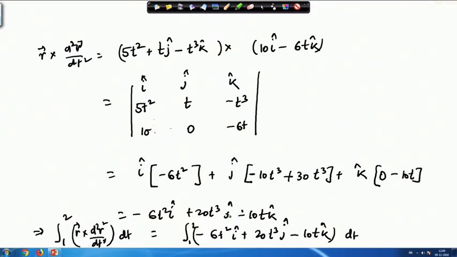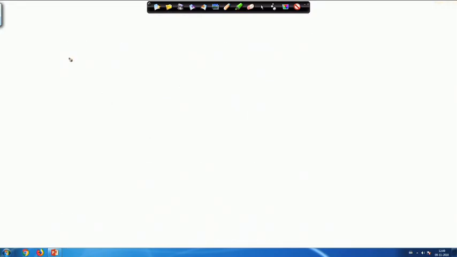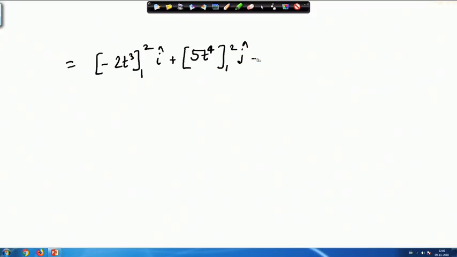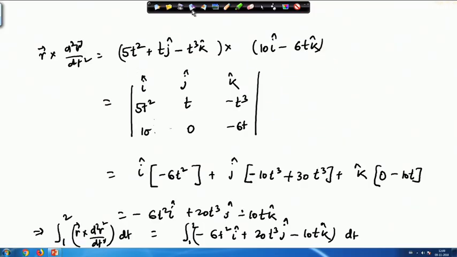If we do the integration, we obtain minus 2t³ from 1 to 2 times i, minus 5t⁴ from 1 to 2 times j, minus 5t² from 1 to 2 times k.